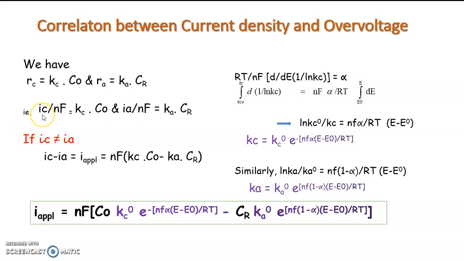Then if Ic equals Ia, we will get the exchange current density, and since we are dealing with overvoltage, we will say that Ic is not equal to Ia. If Ic is greater than Ia, for cathodic polarization we are considering I applied equal to nF into Kc concentration of oxidant minus Ka into concentration of reductant.